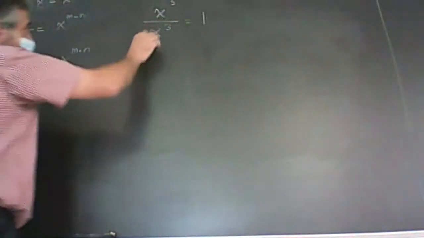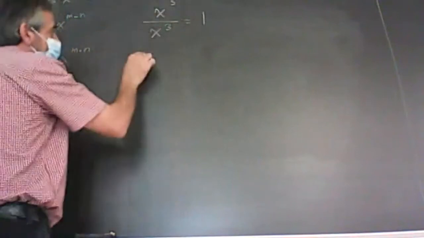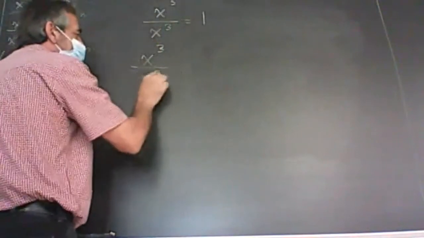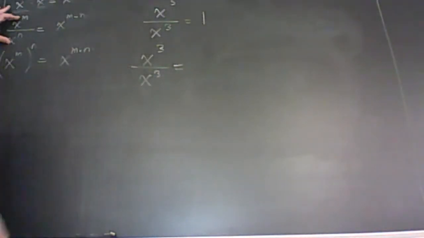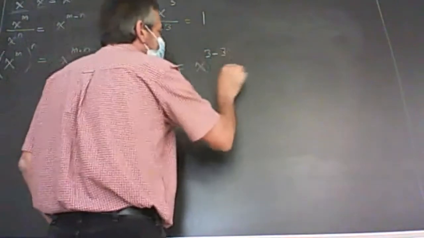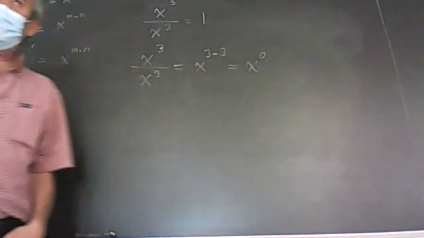But then again, we just said if we have a division, we can simply write this a different way. We can say x cubed over x cubed is also equal to, based on the rule of the division, x to the power 3 minus 3. That's equal to x to the power 0, right?